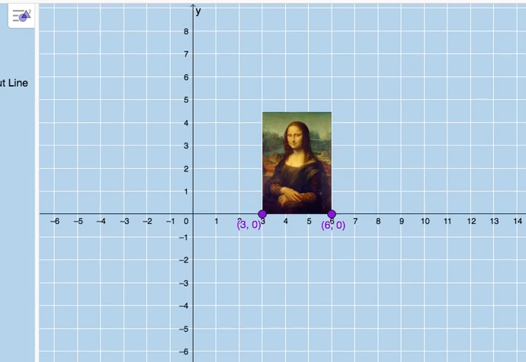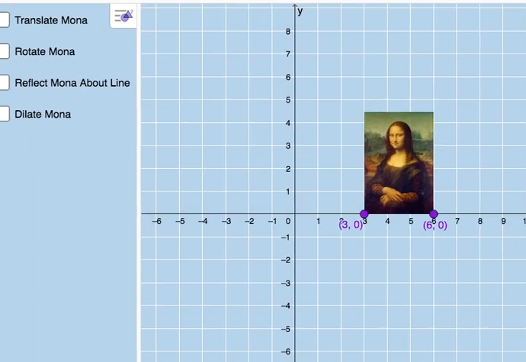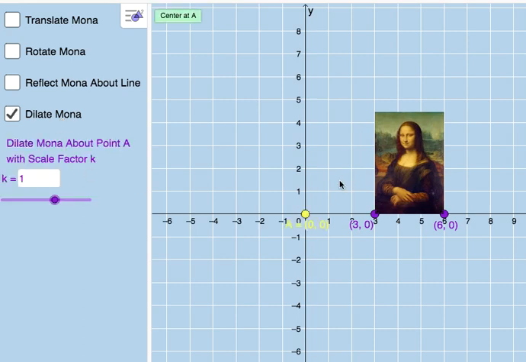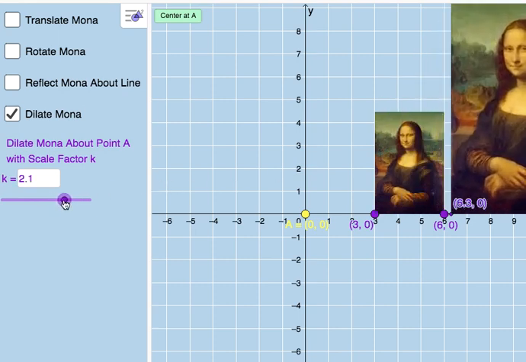Back with Mona, we are working with this pre-image where the bottom left is (3, 0), (6, 0). So let's say that we were going to dilate this. If we had a factor of just 1, that means it would just stay the same. Well, let's see what happens if we make this 2.